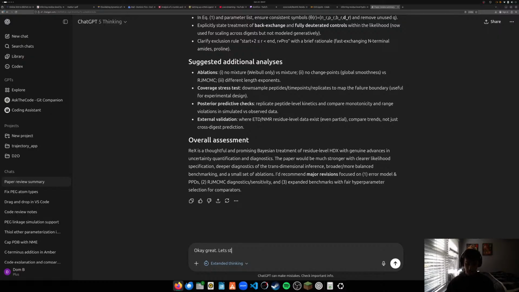Okay, let's start from the beginning and try to understand their approach from the ground up. This is a deconvolutional model.